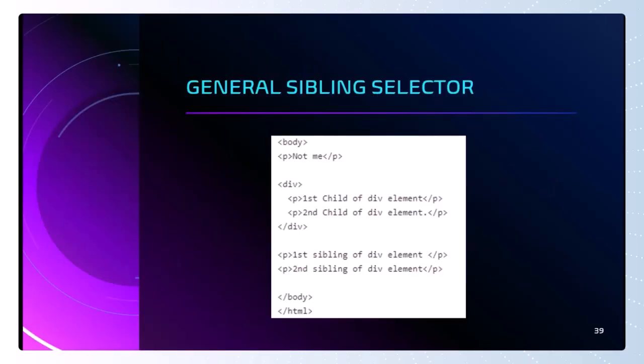So in this example, you have a body and a P. Then inside the div, you have a P, the first child, and P, the second child. And then you have the closing of the div, and then you have the P, which is a sibling of the div element, and then another P, which is another sibling of the div element.